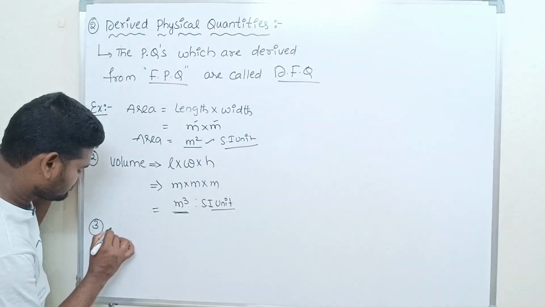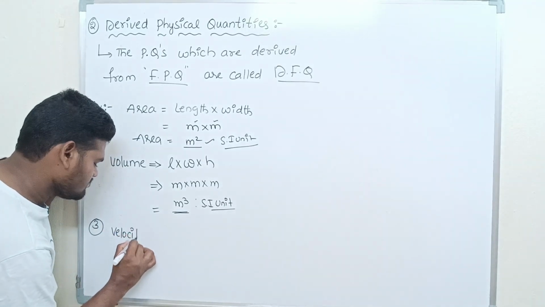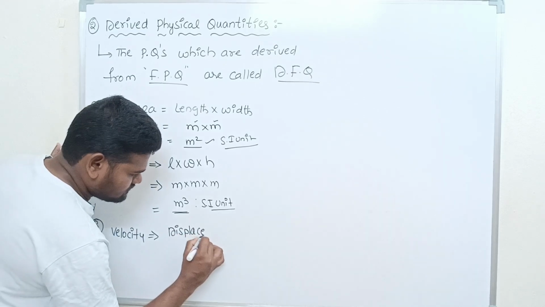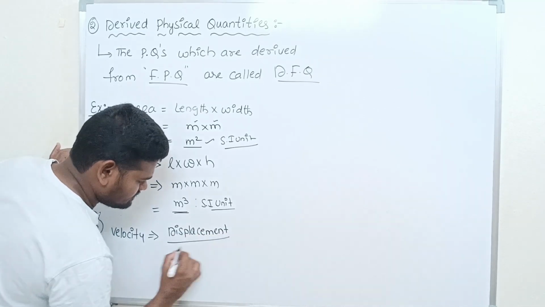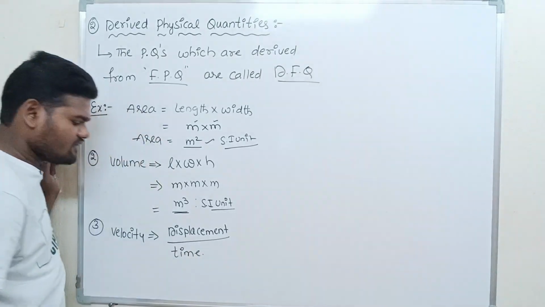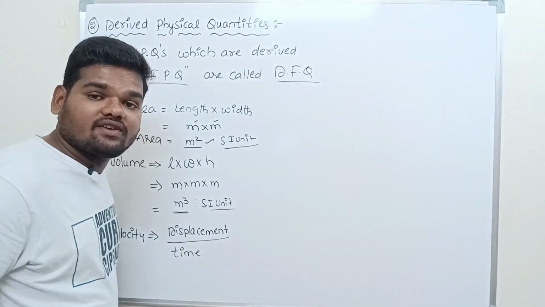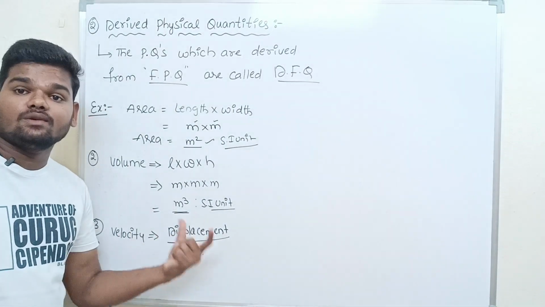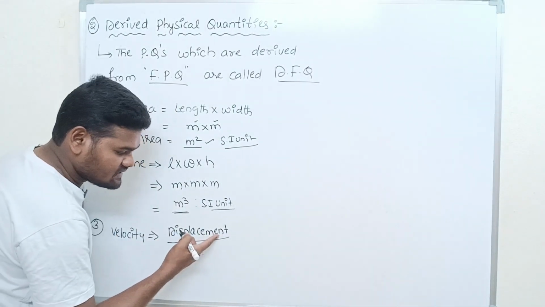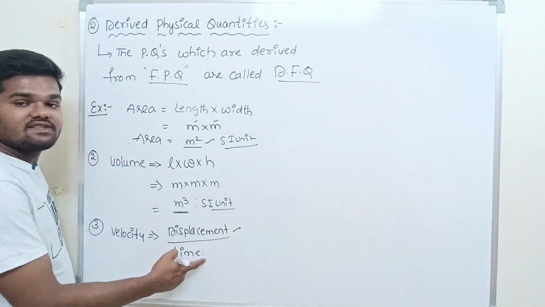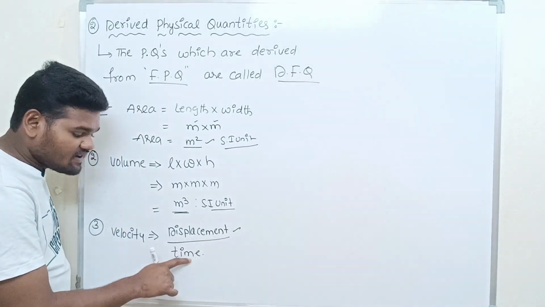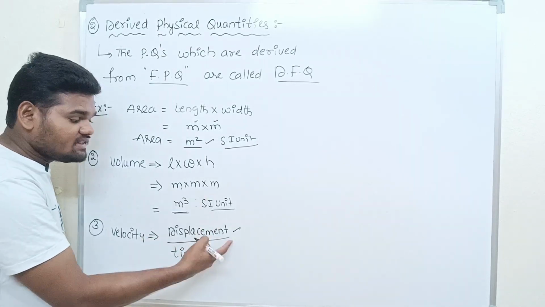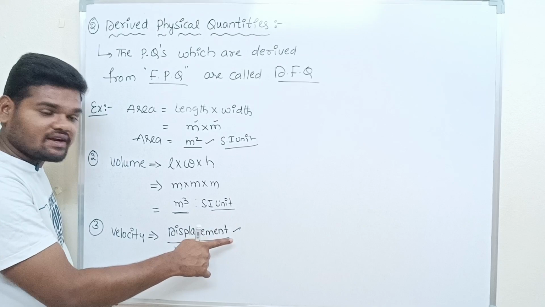The third one, velocity. Velocity is displacement by time. Displacement, for example 2 meters, is nothing but length, and time is time. Both are fundamental physical quantities.